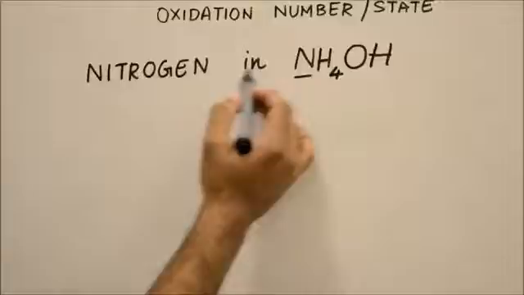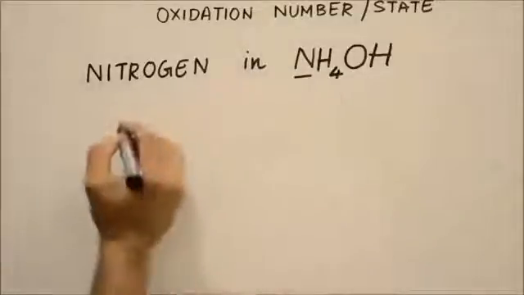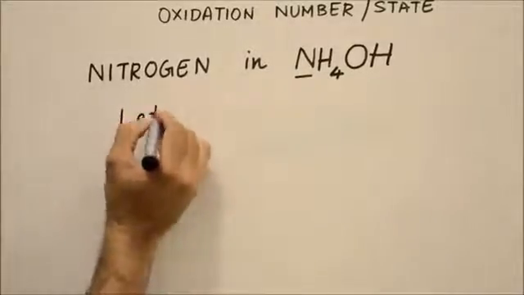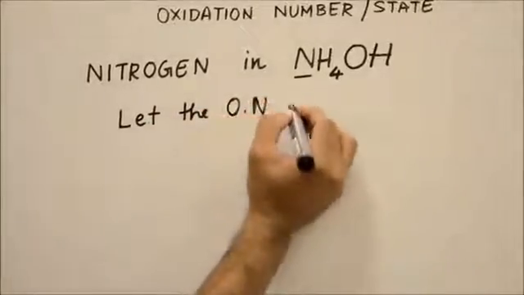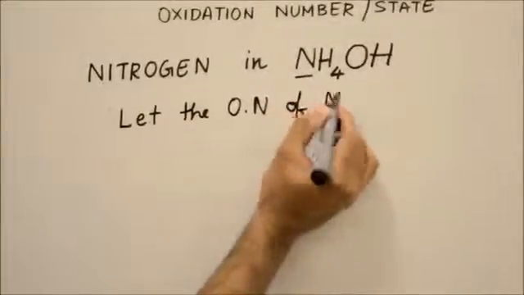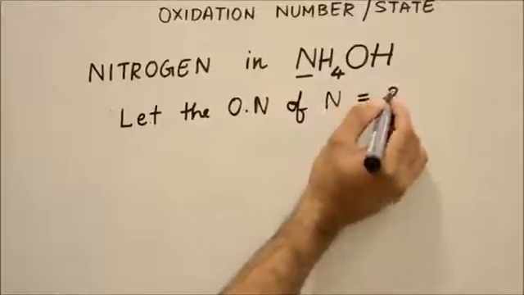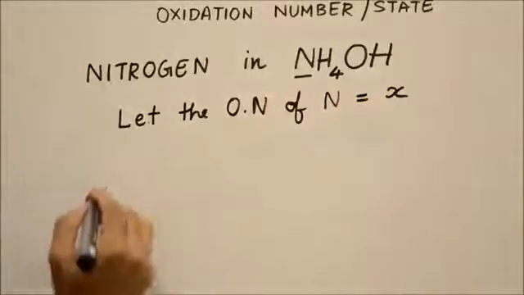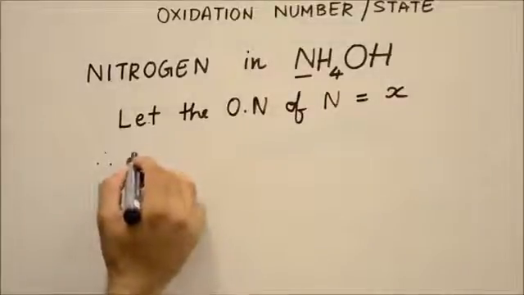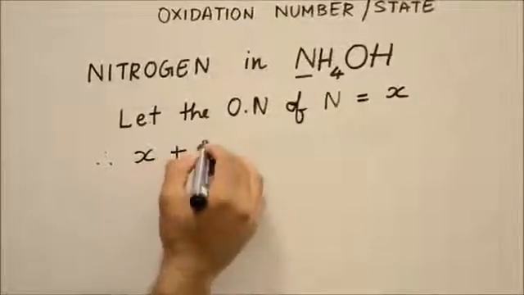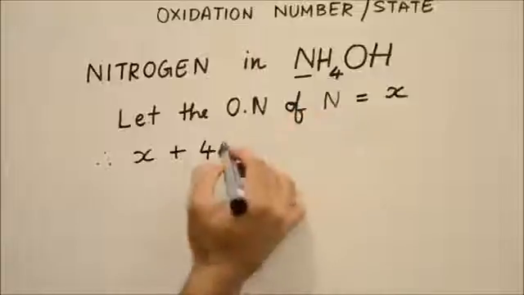The next example is nitrogen in ammonium hydroxide, that is NH4OH. So we start off by taking the oxidation number of nitrogen as X. We know the oxidation number of hydrogen is plus 1, and oxidation number of oxygen is minus 2.